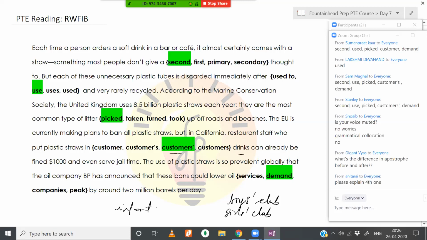This is something I think we discussed during SST. Whenever you are talking about a plural possessive noun, you always put an apostrophe after S.